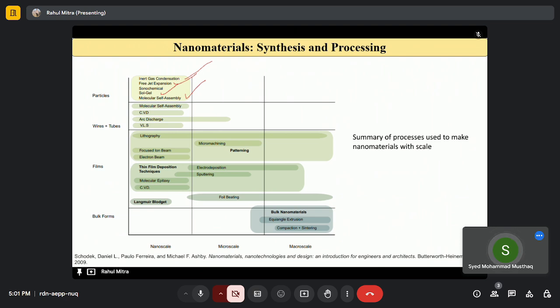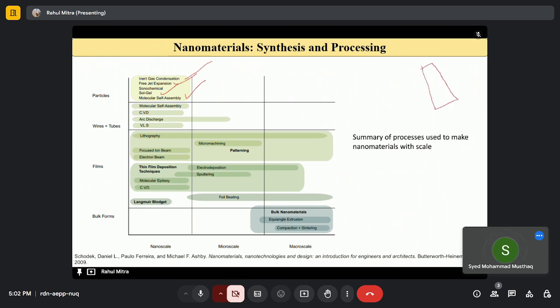In molecular self-assembly, we have molecules which self-assemble onto a substrate. For example, if I have fatty acids, they have a hydrophilic and a hydrophobic end, just like micelles used in surfactants. The hydrophilic end will get attracted to the substrate, and the hydrophobic end will remain facing towards the solvent. So we have a thin layer formation.